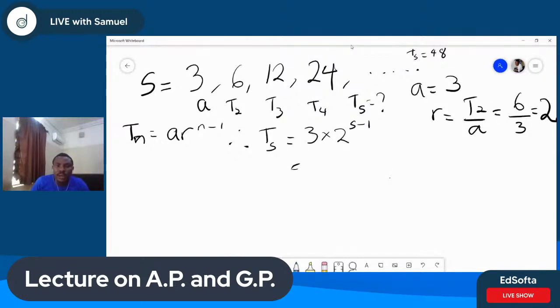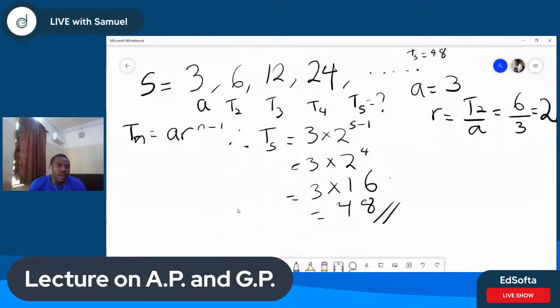That would be 3 times 2 raised to power 4. 2 raised to power 4 is not 8, that's a mistake. 2 raised to power 4 will be 16, and that will give us 48.